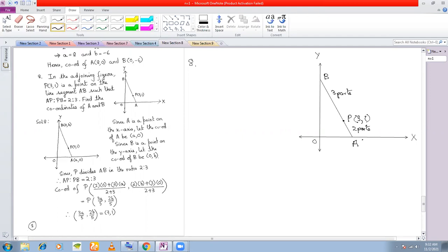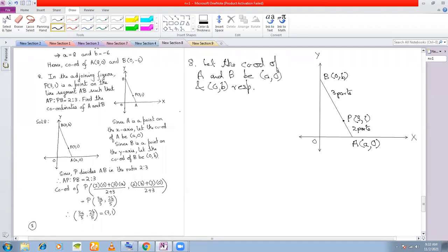Now, because A is a point on the x-axis, you can take the coordinates of A to be (a, 0) and you can take the coordinates of B to be (0, b). So let the coordinates of A and B be (a, 0) and (0, b) respectively.